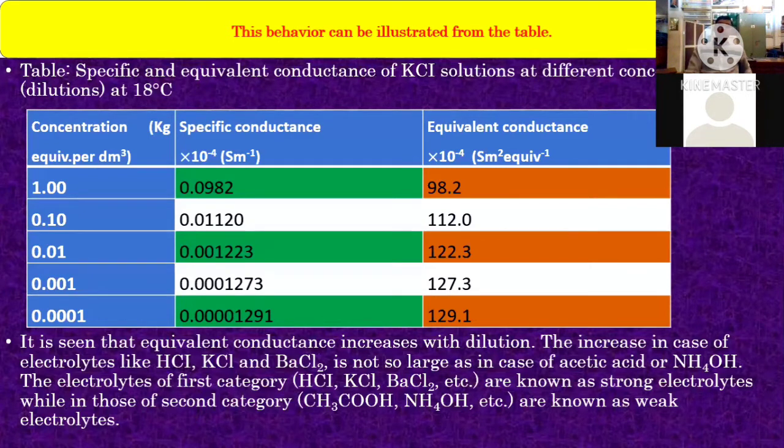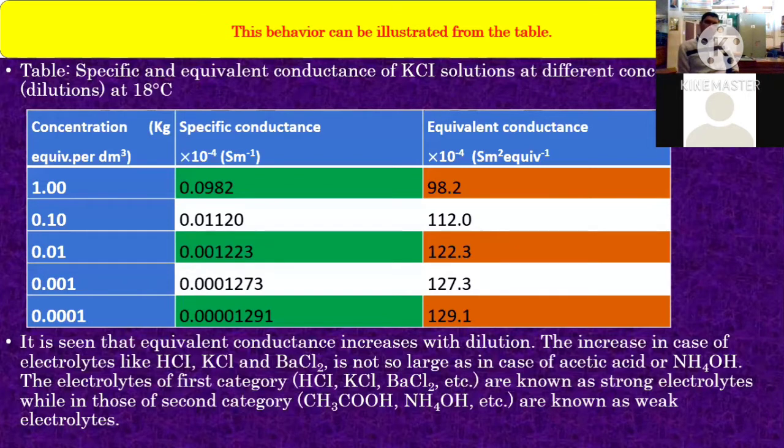Concentration is in kg equivalent per dm cube, which means the concentration is taken in 1 liter of solution. Here, the table contains specific and equivalent conductance of KCl solution at different concentrations at 80 degrees Celsius.